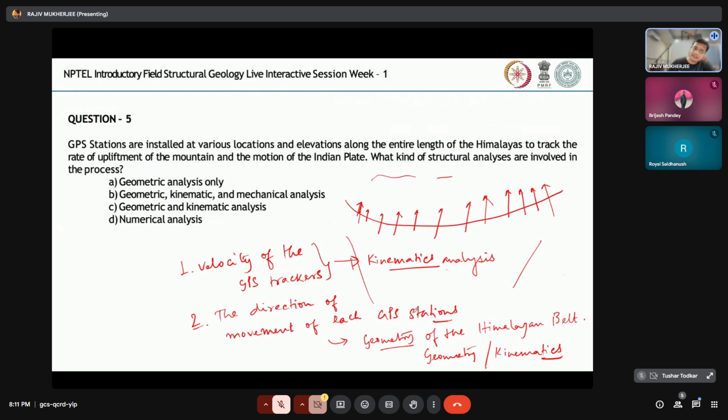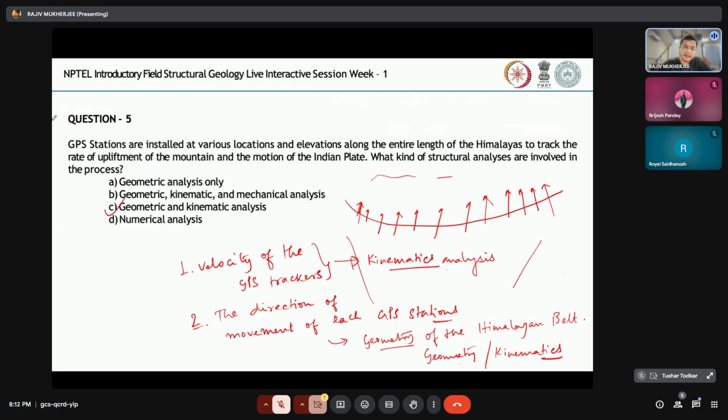So this gives us the answer that option C will be correct in this case, because geometric and kinematic analysis are performed to actually infer the process of mountain making that is currently going on in the Himalayas.